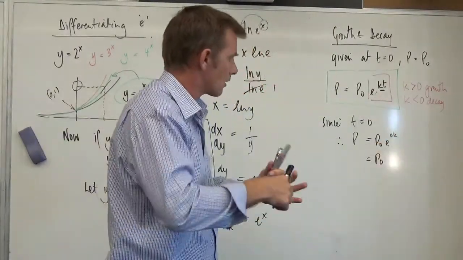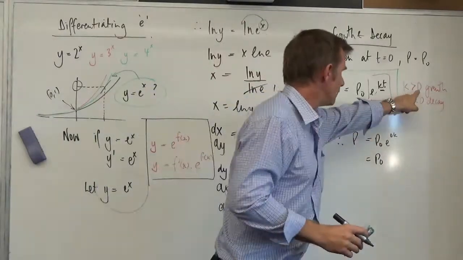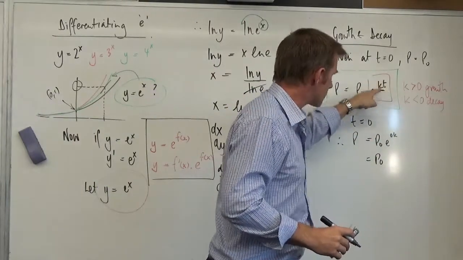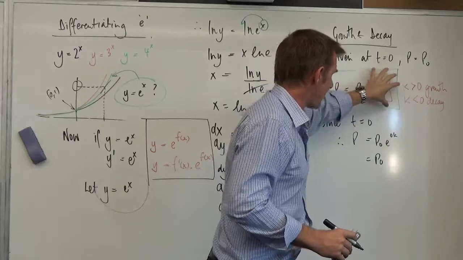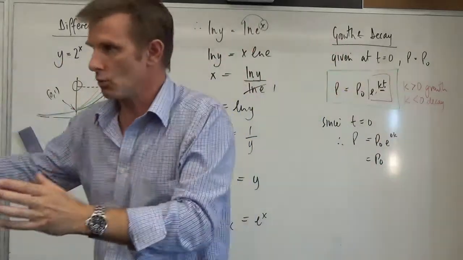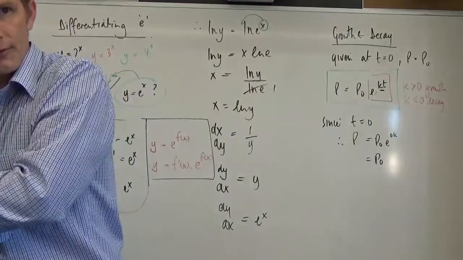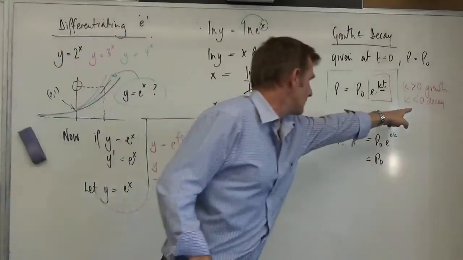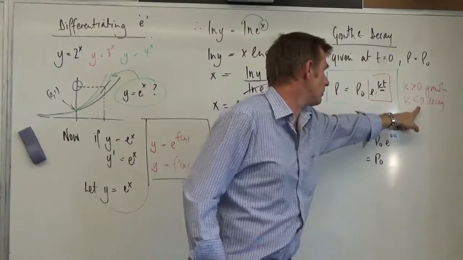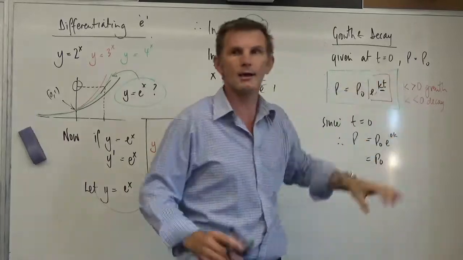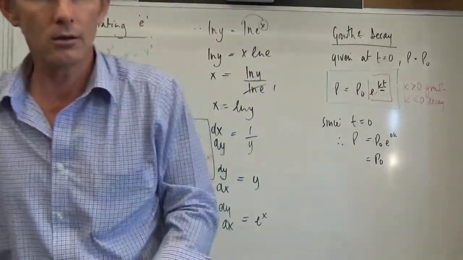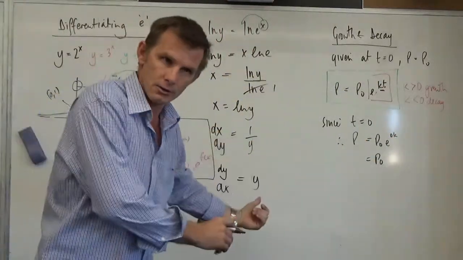Okay? I want you to make sure you can see that if this is greater than 0, this whole thing is positive, meaning the answer out of there must be greater than 1, which means I'm in a growth situation. If it's less than 0, then this whole thing here is between 0 and 1, and therefore I'm in a decay situation.